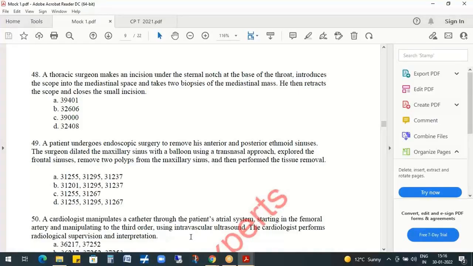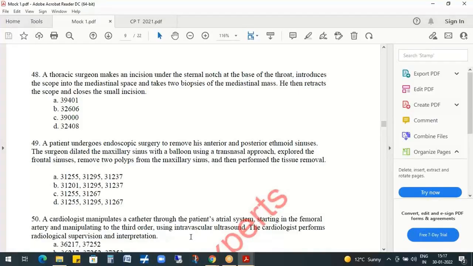Okay. Next. 31267. It is again nasal sinus endoscopy with removal of tissue from maxillary sinus. Okay. Then you can see below the parenthetical note. Is there any parenthetical note like that? 31295 cannot be reported like that.